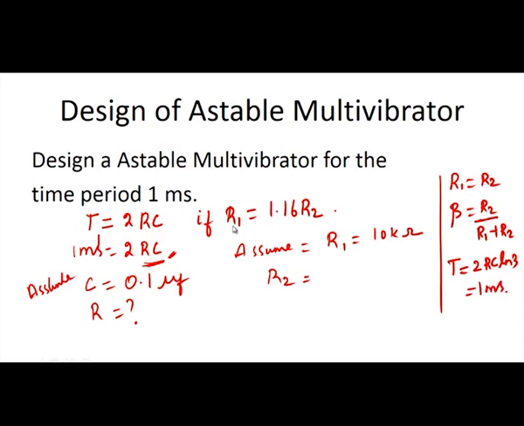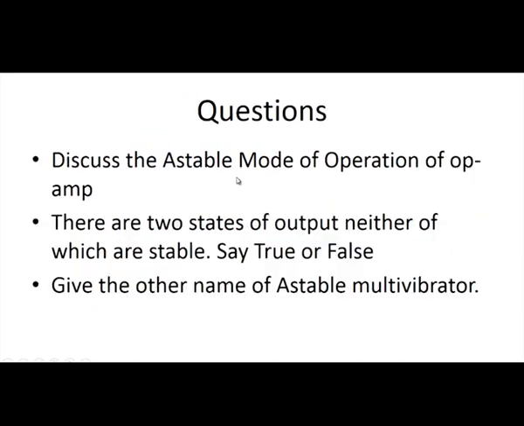So you have to choose the resistors, whether they are equal or R1 is equal to 1.16 times R2. We have to decide the values of R1 and R2, that is the feedback factor of the astable multivibrator.